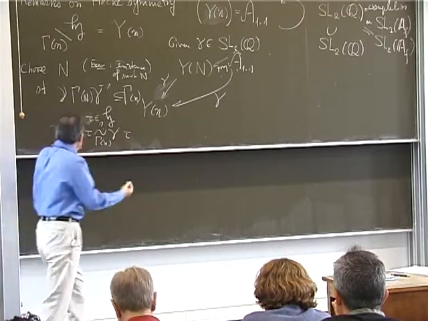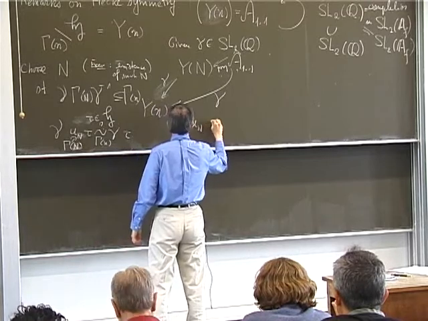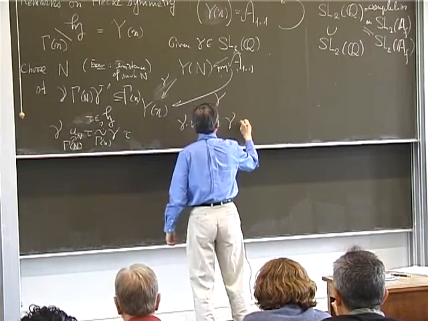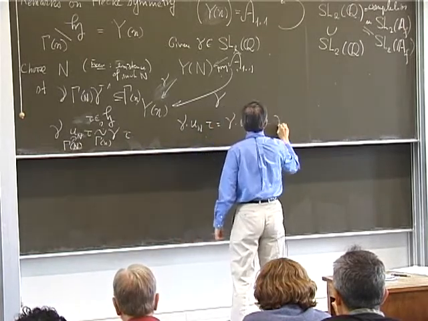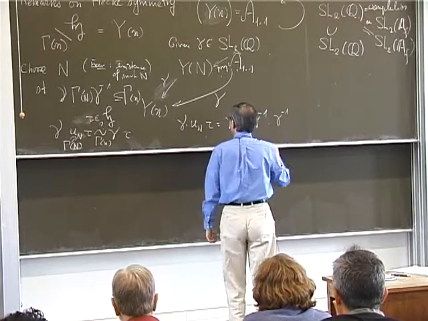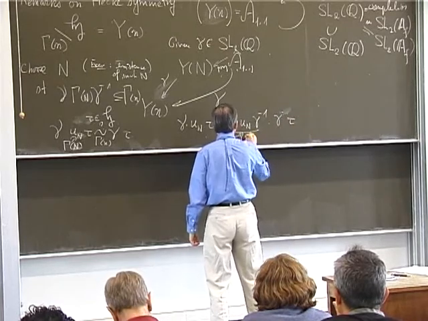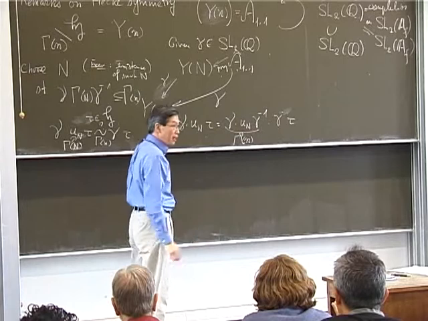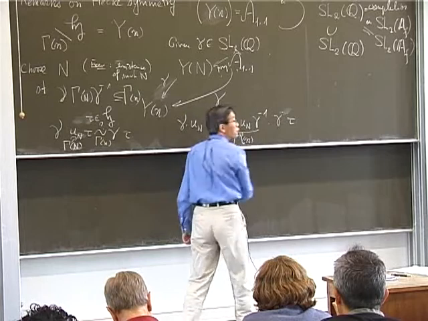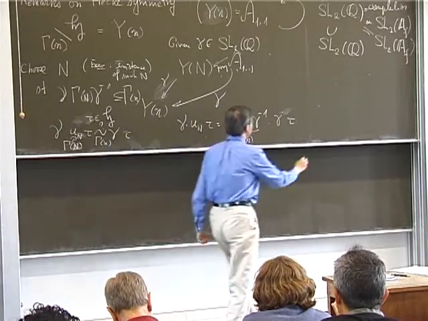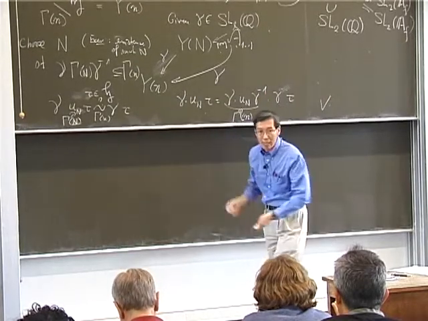Okay. Now this should be clear. So we'll check: this times tau is gamma u_N gamma inverse times gamma tau. But this is in Γ(n) by our choice, and therefore we got the required step. Okay. So we have seen that we have such actions.